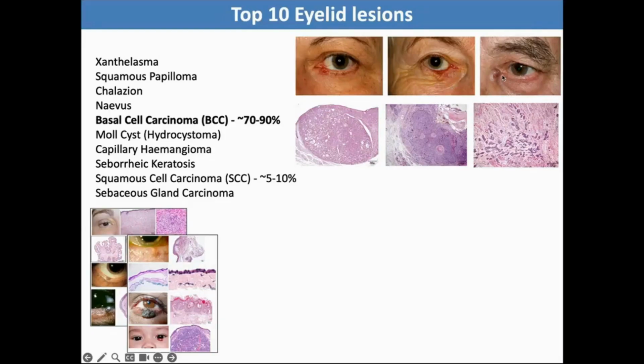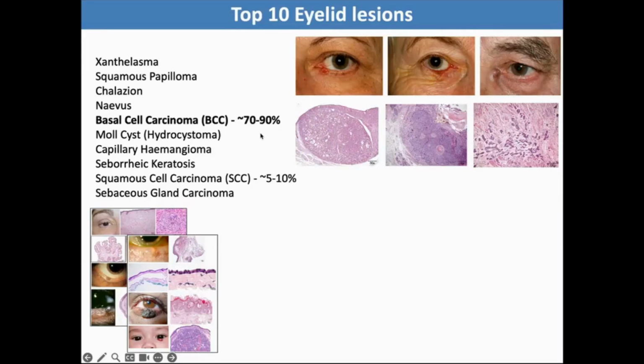They can also occur close to the nose in the region of the so-called caruncle, and can really cause quite extensive damage if not caught early.